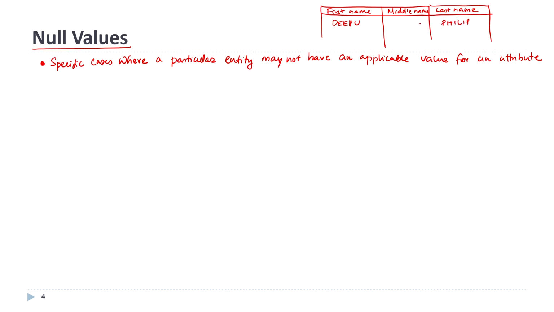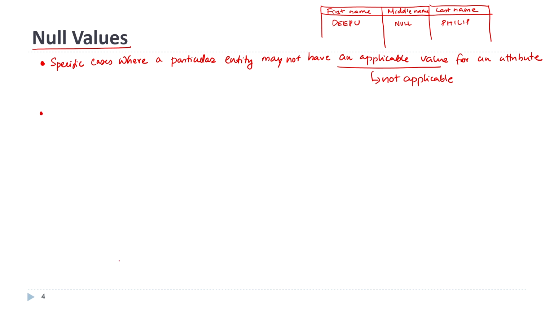So the middle name is not applicable to me. I would typically put a null here. Because I do not have a middle name, it is not applicable to me. Such a case is known as the not applicable concept. That is one example of when a null value is used.